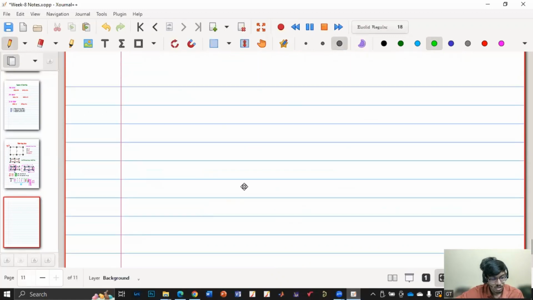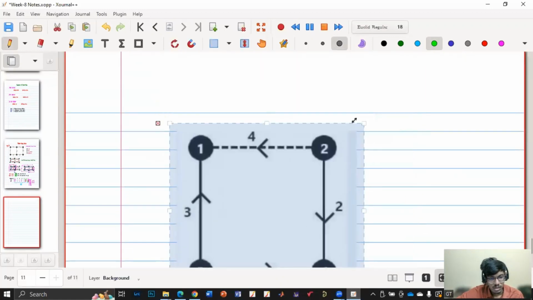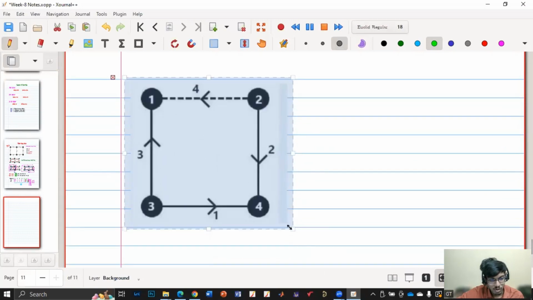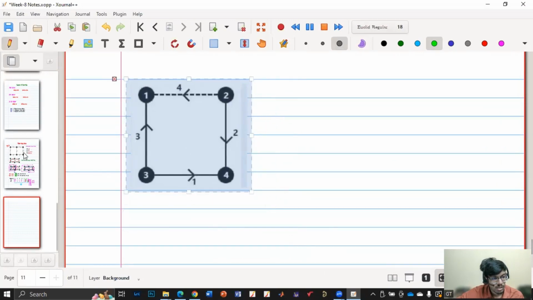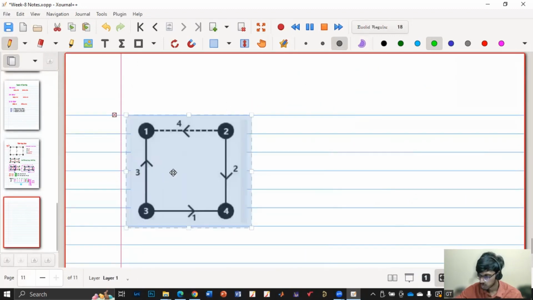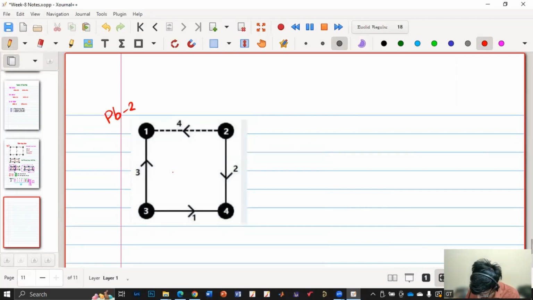So let me just put it here. So fundamental cut set matrix. So let me make it even smaller. Okay. So here in problem 1, we have fundamental tie set matrix. Now this is problem 2. We have fundamental cut set matrix.